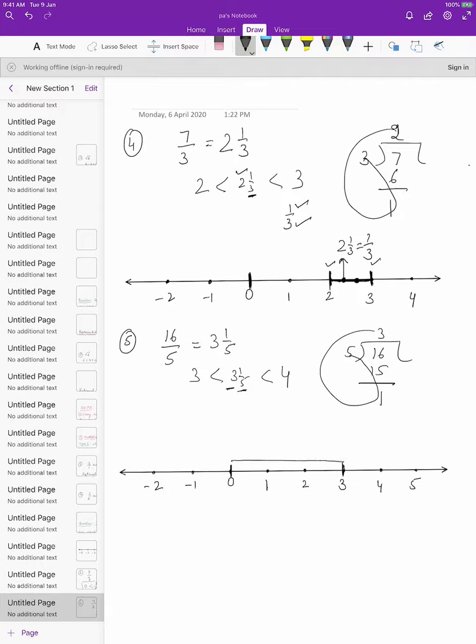After 3 I have to represent 1 by 5 between 3 and 4. So 1 by 5 means 1 out of the 5 parts of the portion between 3 and 4. In order to divide this portion into 5 parts, I will put 4 dots. 1, 2, 3, 4. And I have to take one part out of it, which is this. So I'll get 3 1 by 5, which is equal to 16 by 5. So this is how we represent rational numbers on the number line.